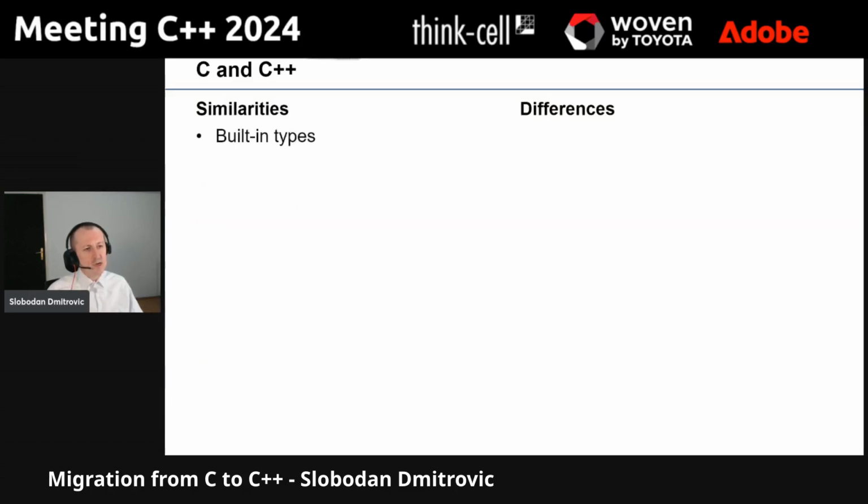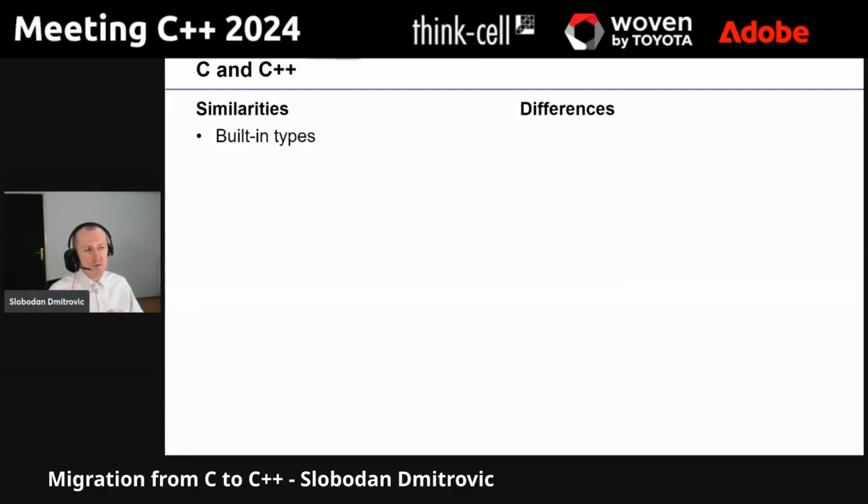Now let's explore a couple of similarities and differences between the two. So what are the similarities? Built-in types such as int, double, float, unsigned, etc., are pretty much the same in C and C++. So all the language built-in types you have in C, you also have in C++.